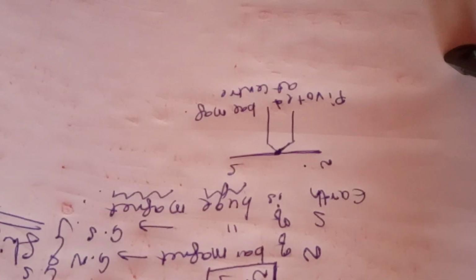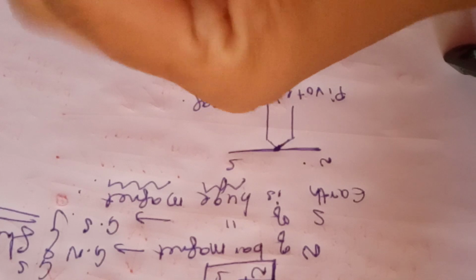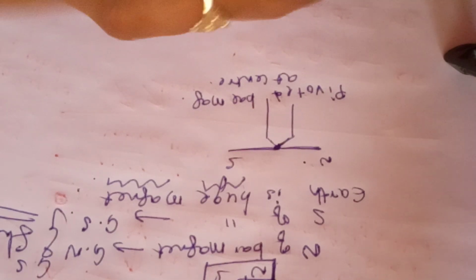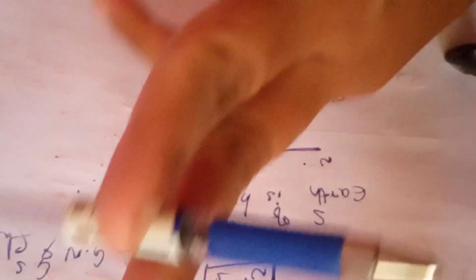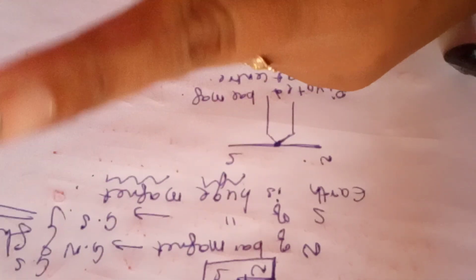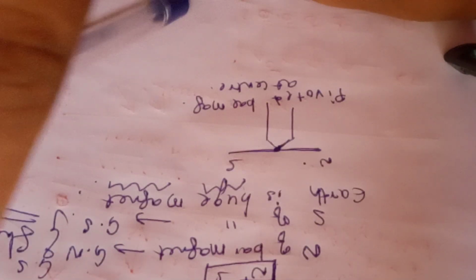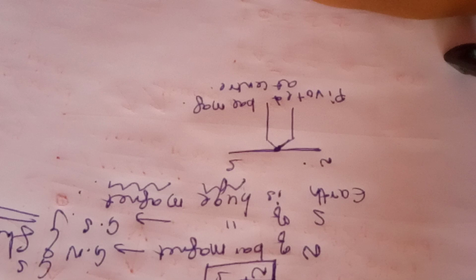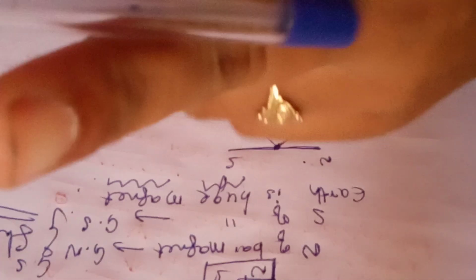Now in such a way, let us see just an example I am showing just for your idea. They pivoted it in such a way that this particular magnet will do free oscillations.